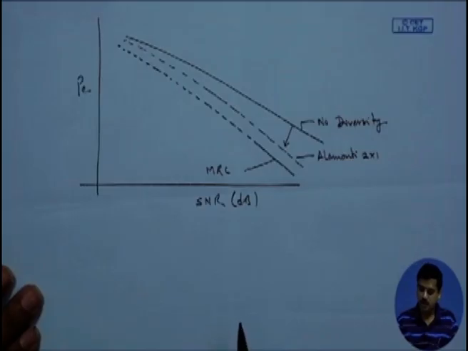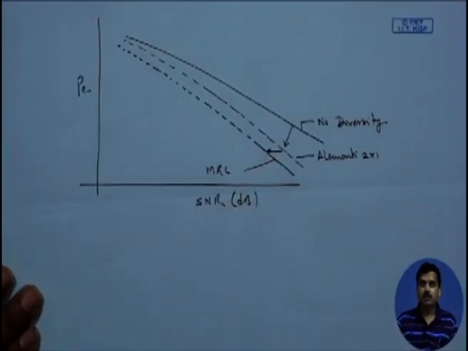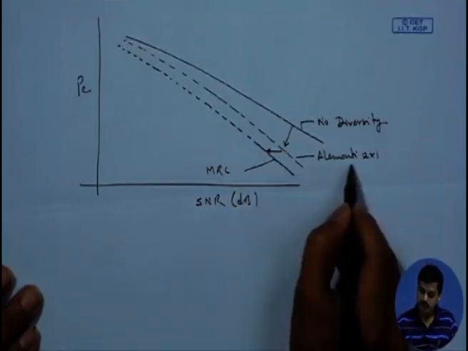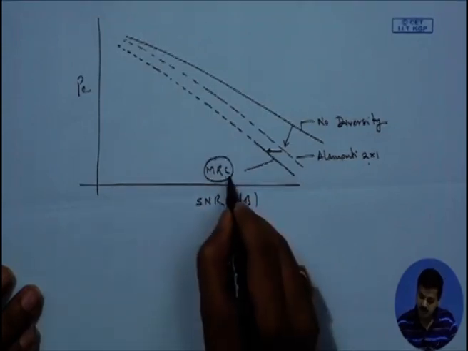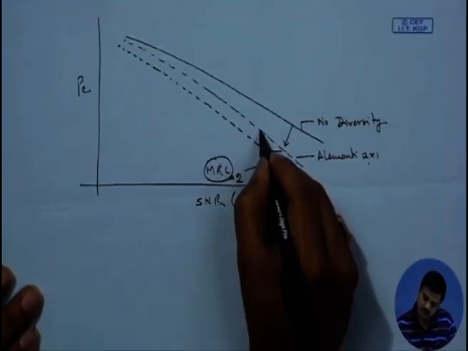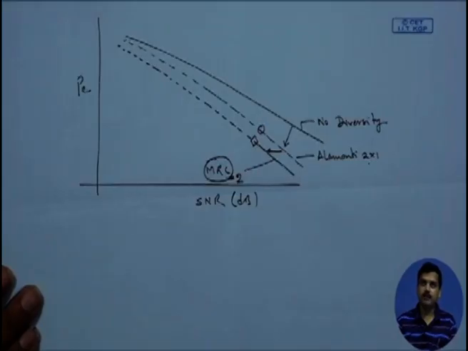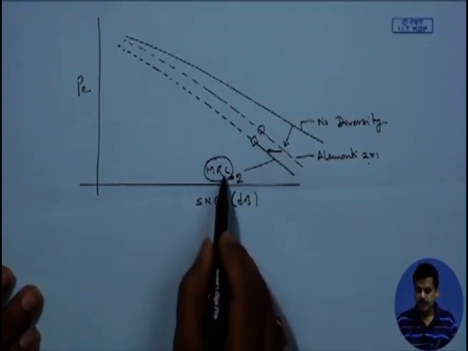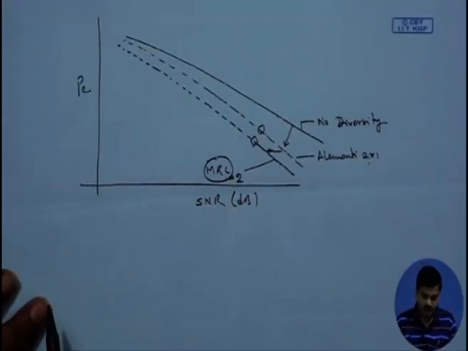So this is the kind of gain that you would observe between the Alamouti scheme and MRC, be it transmit MRC or receive MRC, when the number of branches is equal to 2. Now since the slope is the same between this and this, the order of diversity is the same, but here there is an additional gain, which is an array gain, that is present because of the coherent combining that is available in the case of the MRC scheme.